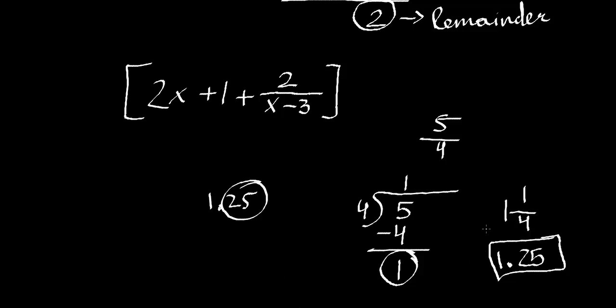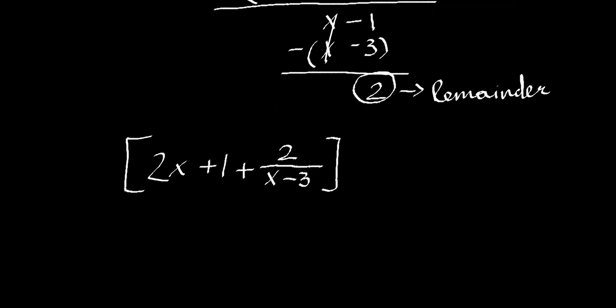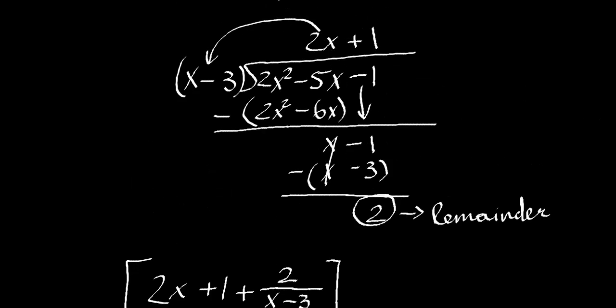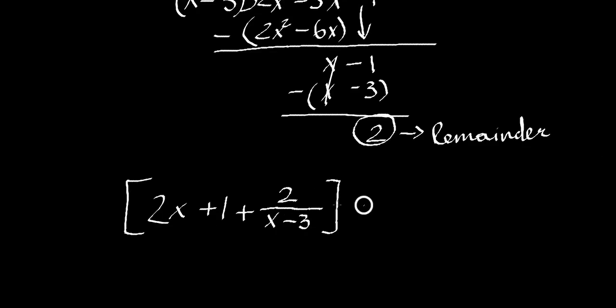Okay? That's why your calculator shows 1.25. Just a little note, I just want you to understand what I mean by that with numbers. So that's your answer. You would take your remainder, just keep that in mind, and put it over the x minus 3, your divisor. And this is really the simplest form you want it to be in.